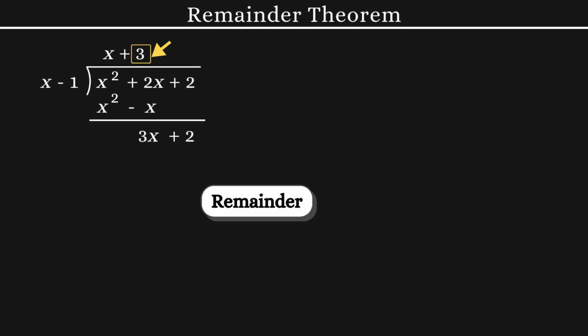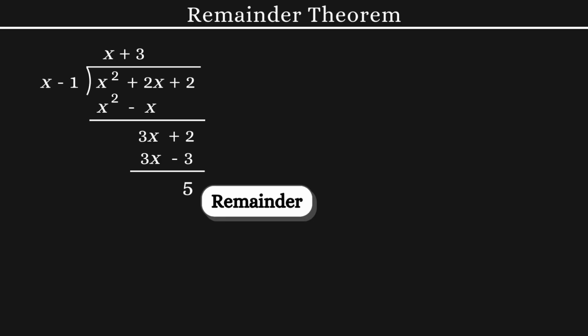On multiplying 3 with x minus 1, we get 3x minus 3. On subtraction, the 3x terms get cancelled and 2 plus 3 will give us 5. This 5 is our remainder.